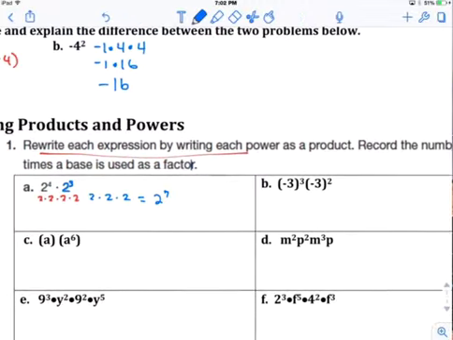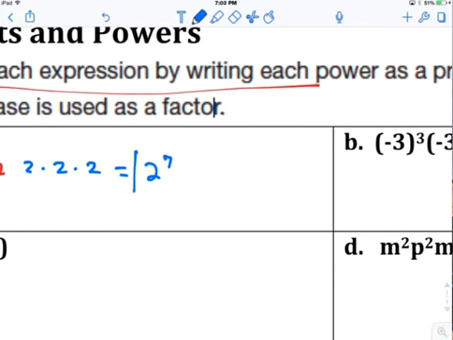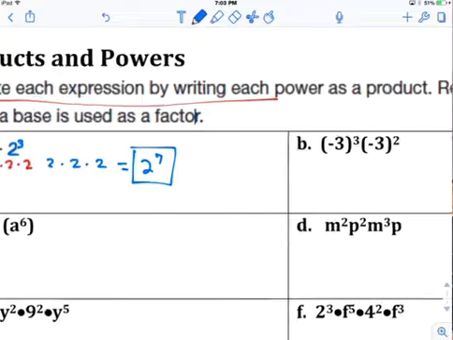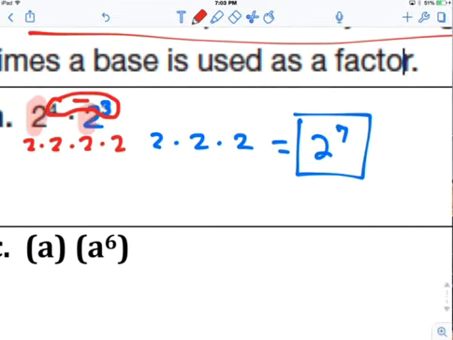Record the number of times a base is used as a factor. So they didn't say to solve it. They want this as an answer. So you can see, if you haven't seen yet, to get our answer, all you have to do when the bases are the same, that means these two are your base, are the same, is add that.